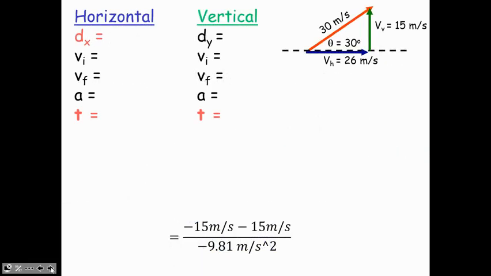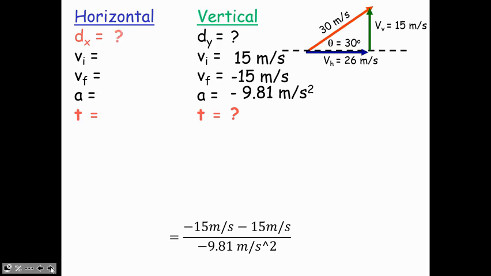So now if I start filling in my tables, I don't know my vertical displacement, but I do know the initial vertical velocity is 15 meters per second up. My final vertical velocity will be negative 15 meters per second, or 15 meters per second down. The acceleration is due to gravity, and I'm looking to solve for time.